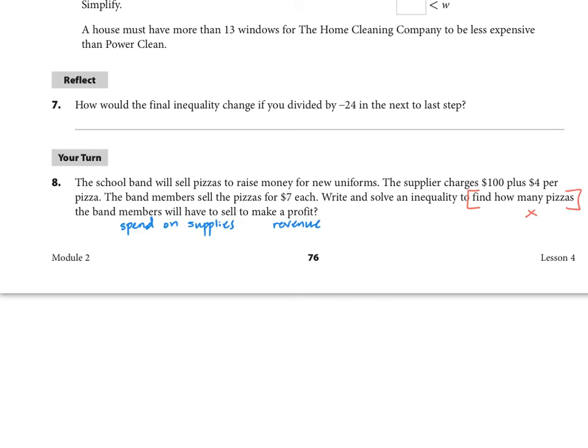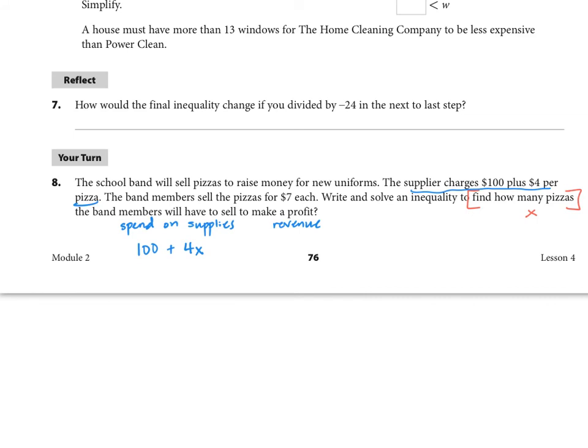Okay, so the supplier is going to charge $100 plus $4 per pizza. So $100 plus 4 times the number of pizzas, 4 times x. So that's the money I'm spending just to buy it, so I could use it as a fundraiser.